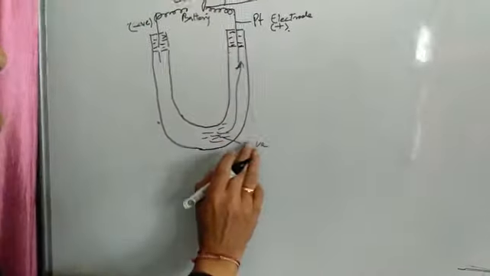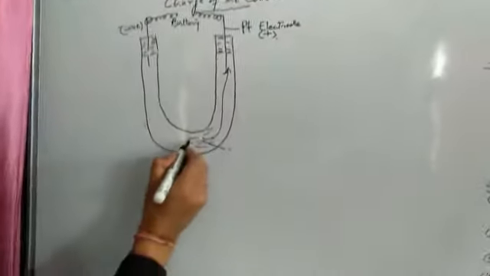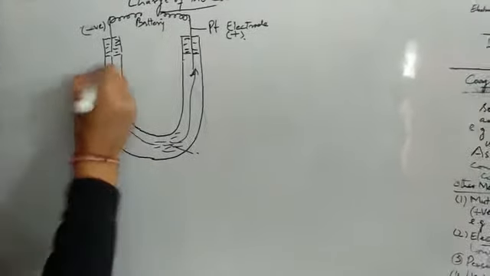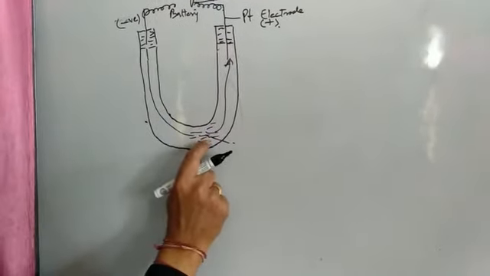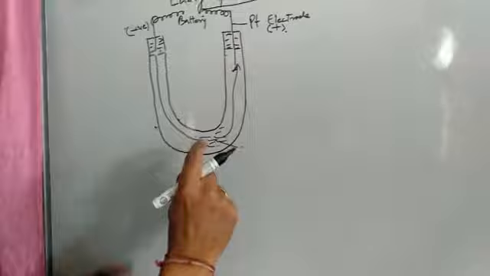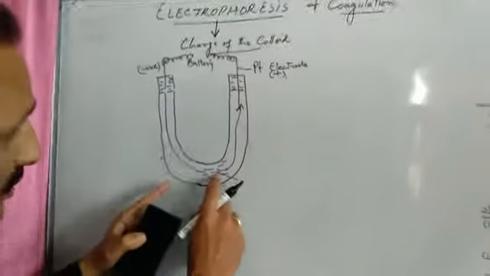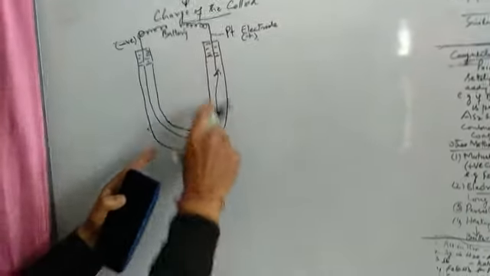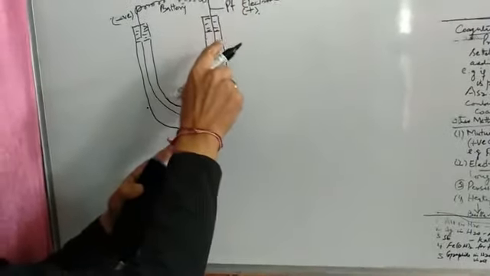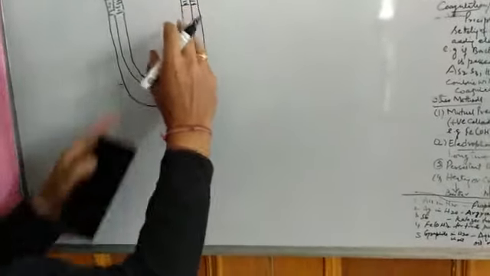And suppose it does the opposite and moves towards the negative electrode, then this colloid is positively charged.